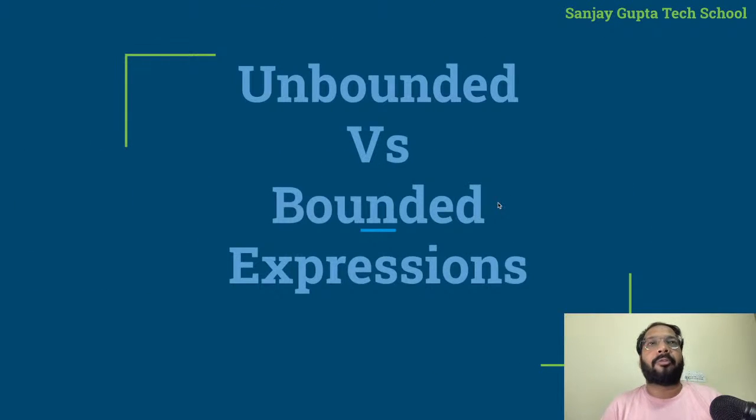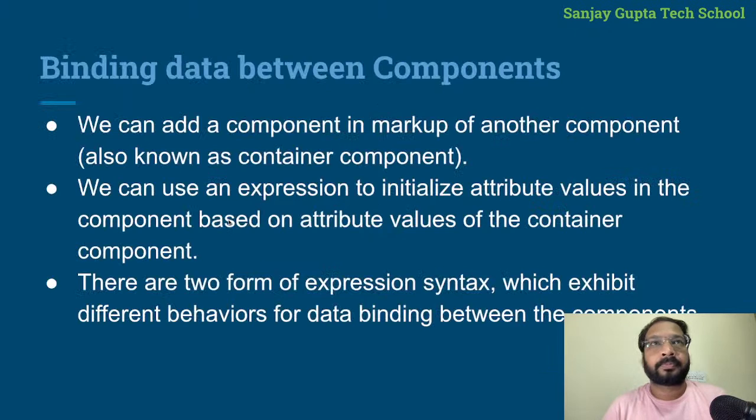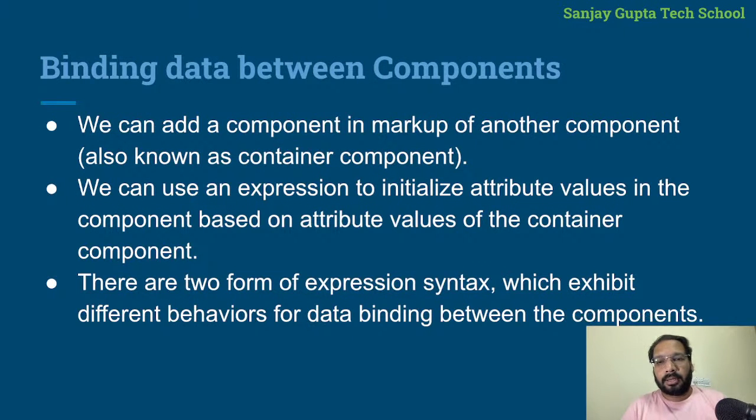I have one more concept that I need to explain to you: bounded versus unbounded expressions. With this topic, we'll be discussing the parent-child component relationship. With the help of Aura, we'll be binding data, and to bind data between two components there should be a relationship available.